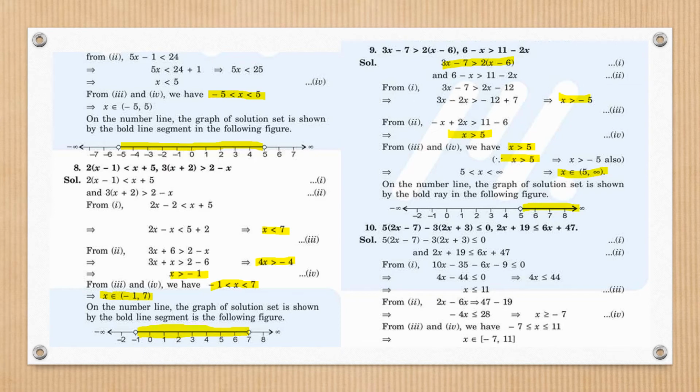Okay. Again, the 10th question is there. The first equation will give me x <= 11. The second equation will give me x >= -7. So it's a fixed range, meaning x is lying in the closed interval [-7, 11].